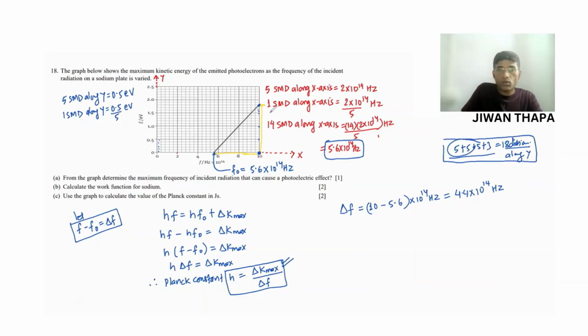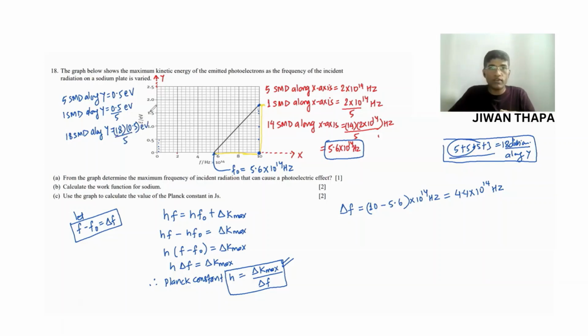So 18 small divisions along y equals 18 times 0.5 divided by 5 electron volt.